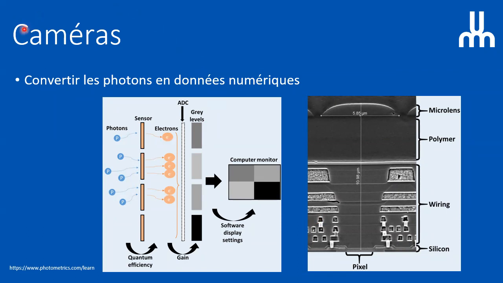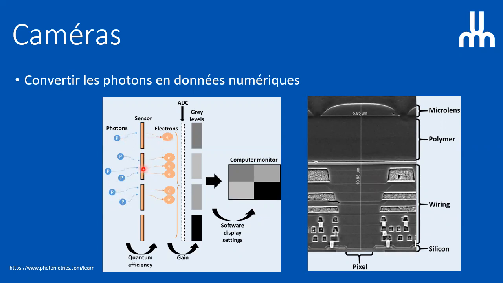So this microscope requires a camera, and cameras are different from the photomultiplier I showed you before, but the principle is the same. You want to start with photons, and you want to convert directly to a signal that your computer can measure. This is done here. At the sensor level, you have a photon hitting the sensor, and it's going to convert into an electron. But this is not perfect. Sometimes you need several photons to convert into one single electron.